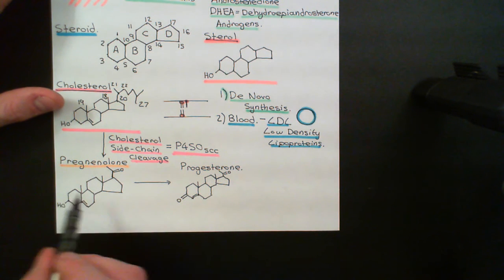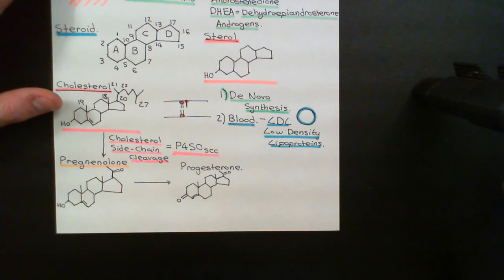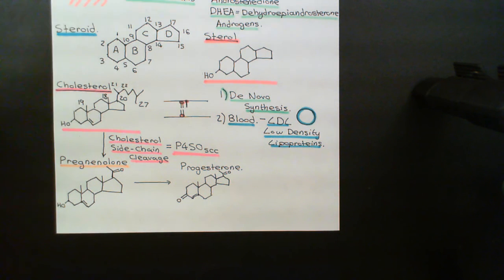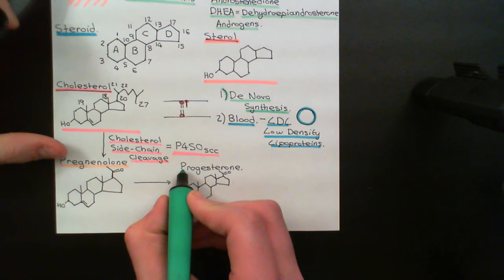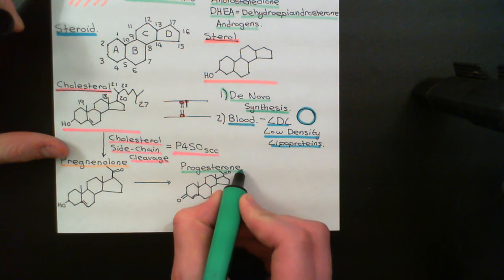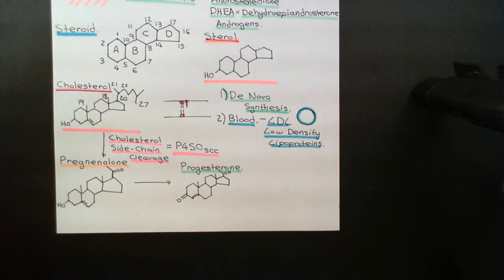And overall, this reaction will produce 2 hydrogen atoms, which will be why it's an oxidation reaction, and those can be accepted by some sort of electron carrier. Okay, so that's the conversion then of pregnenolone to progesterone, like so.